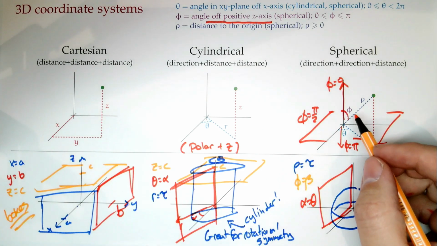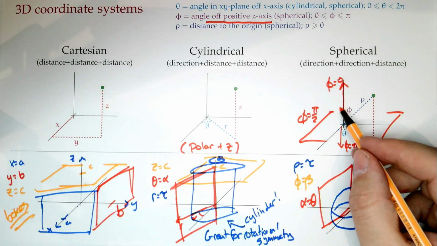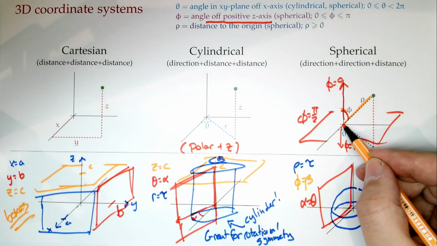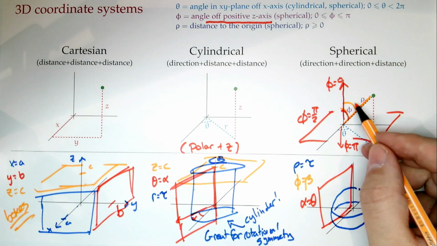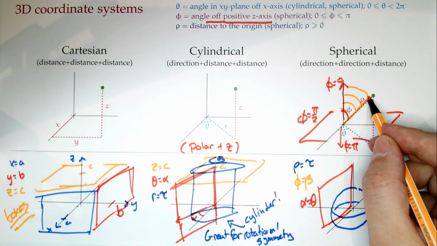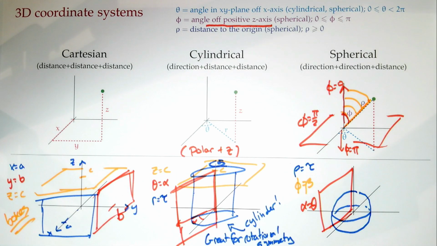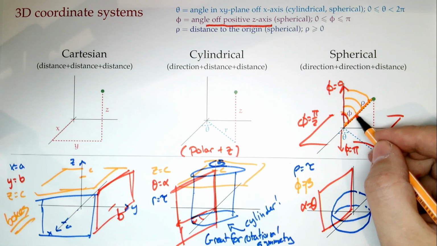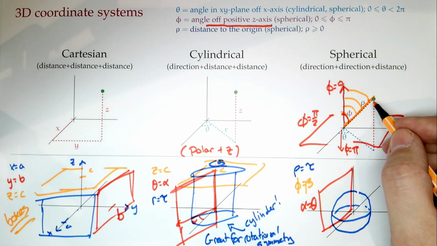Well, notice that if I come to this picture here, on this segment here, they all have the same phi. They're all coming off at the same angle from that z-axis. So every single point on this line here has the same angle.